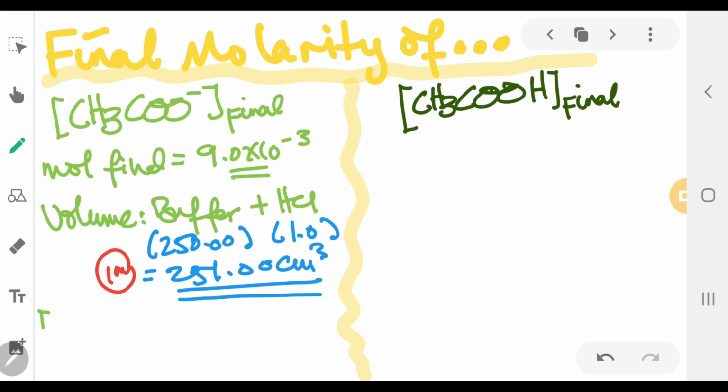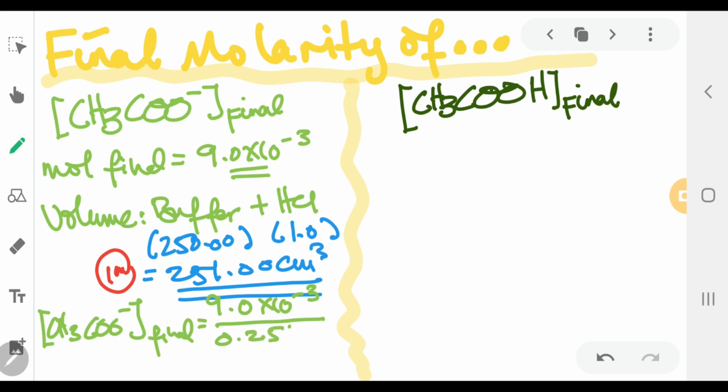And now the molarity of CH3COO minus final is 9.0 times 10 to the power of negative 3 over 0.251 decimeter cubic.